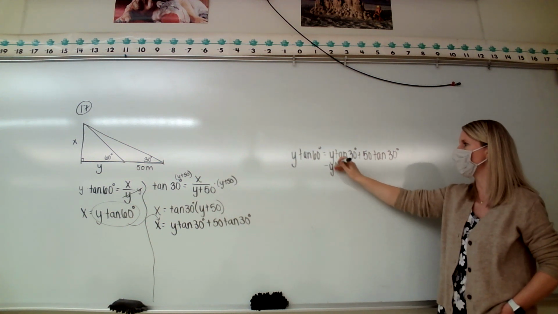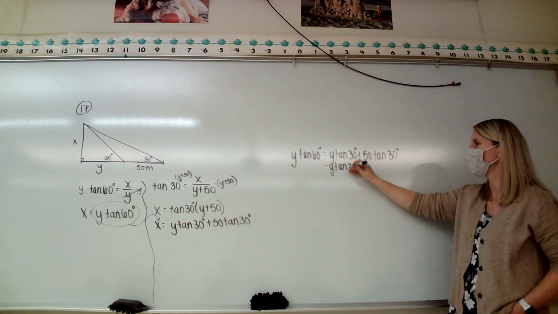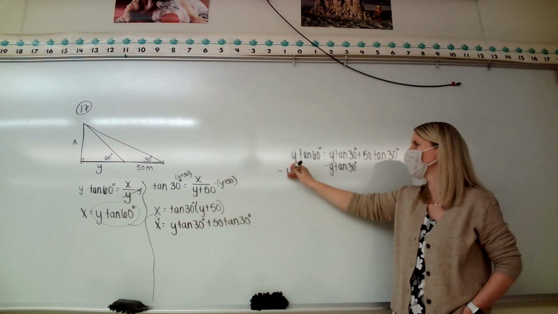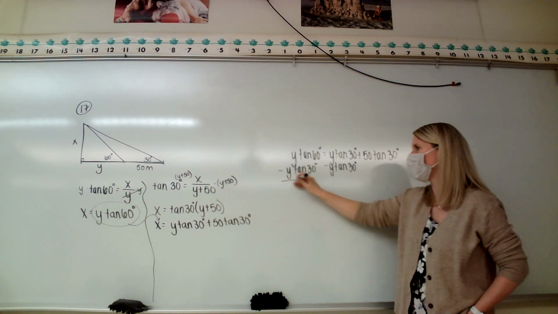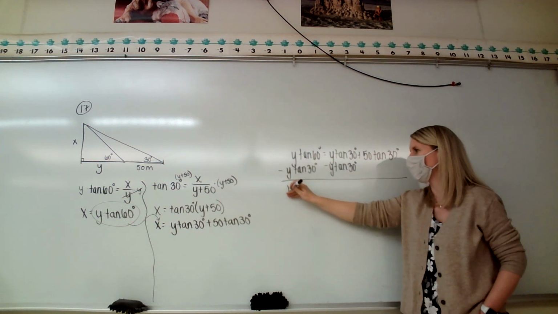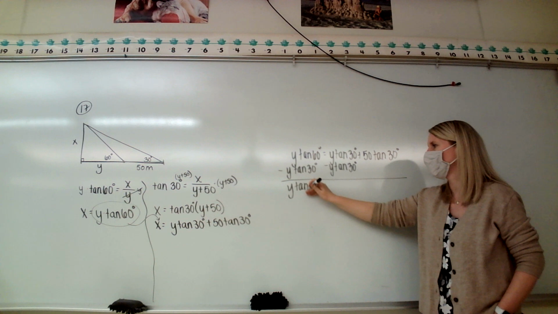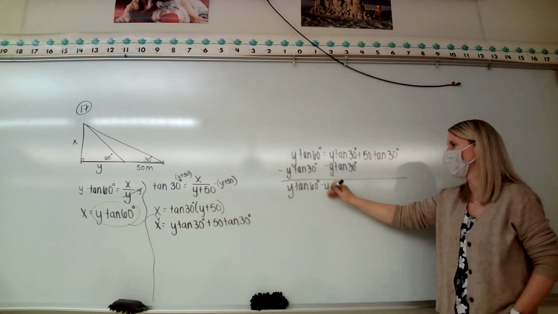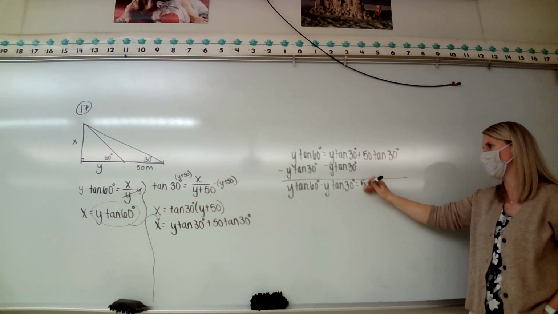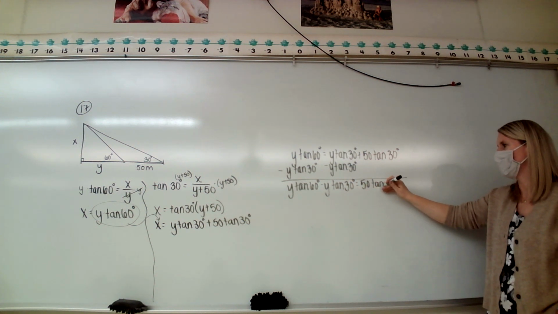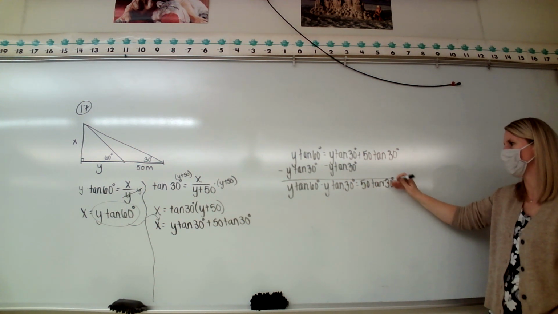So I'm going to move this term over here. Once again, I know sometimes it's just a lot of rewriting, which is kind of annoying. Equals 50 tangent 30. Okay, whew. Almost done. There we go.